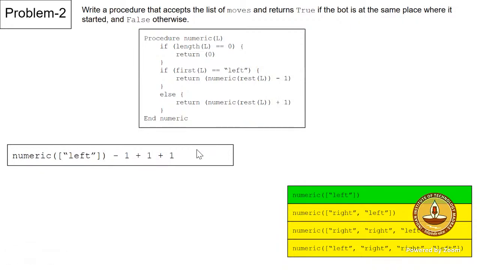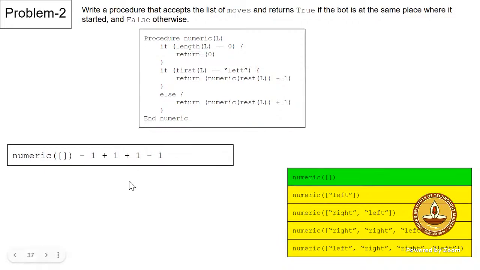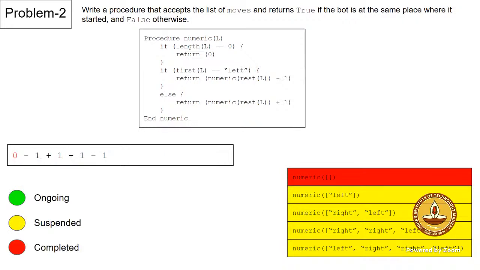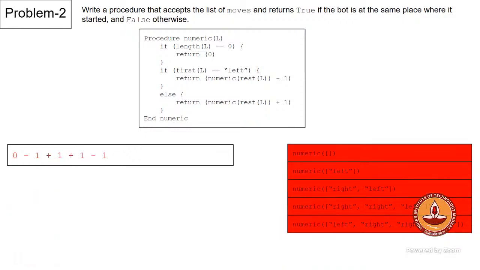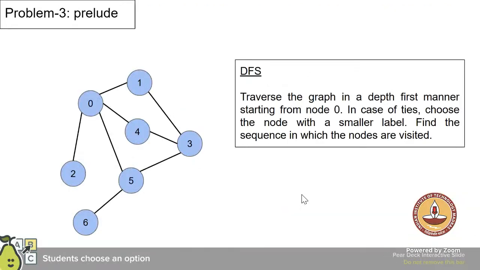Numeric of left, and the plus 1 also will happen. Whatever was there previously also will be added up. The same thing will happen, and finally your list is empty, so it will return 0. After returning 0, the procedure computes 0 minus 1 is -1, and -1 plus 1 is 0. This addition happens again, and finally our sum will be 0. That's how this procedure is returning values, which will be computed and appended. Finally, the number of moves will be 0.